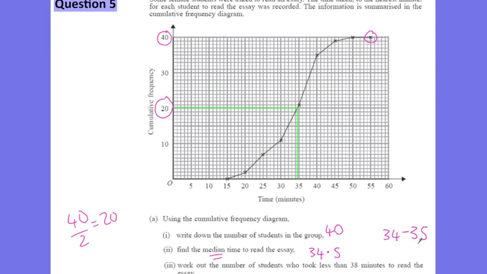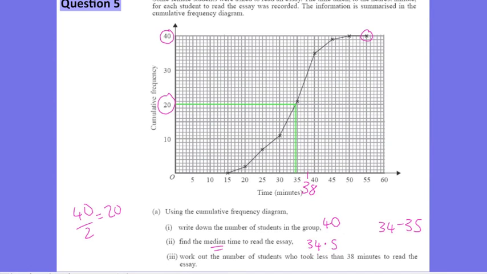We're then asked to work out the number of students who took less than 38 minutes. So we need to find 38 along our x-axis. It's here. Take your ruler again and draw a line from 38 up to the cumulative frequency curve and across.